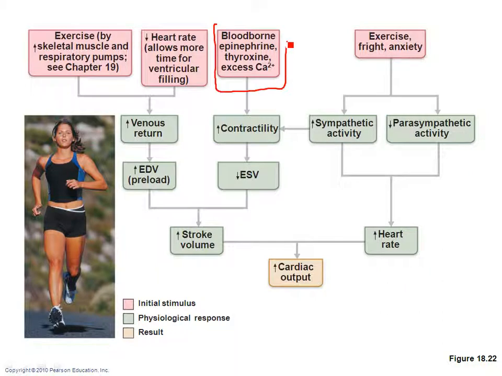And we also talked about decreasing your heart rate. The slower your heart rate, the more blood can flow passively down into your ventricles with each heartbeat. That will increase your preload.